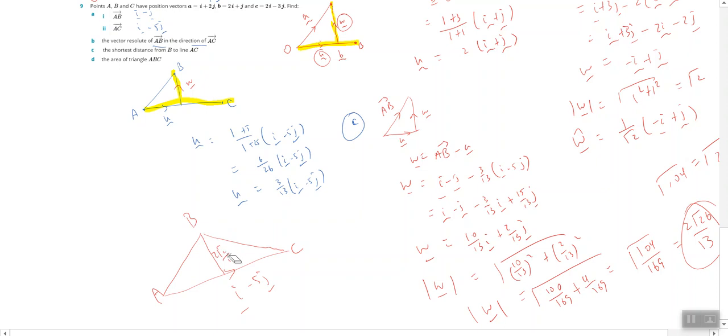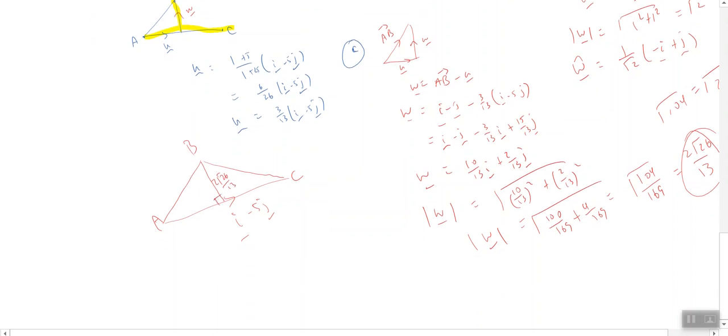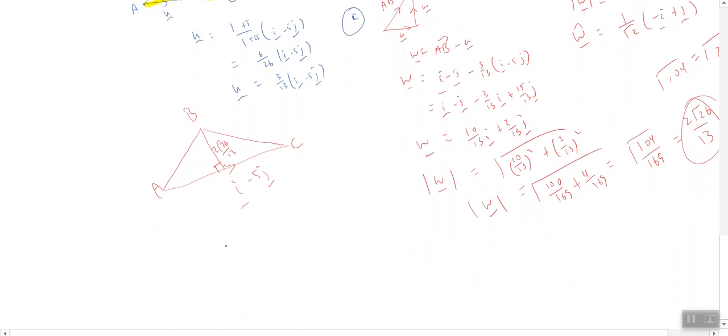This is the perpendicular distance, so it's the height of the triangle. So the area of the triangle is half times base times height.